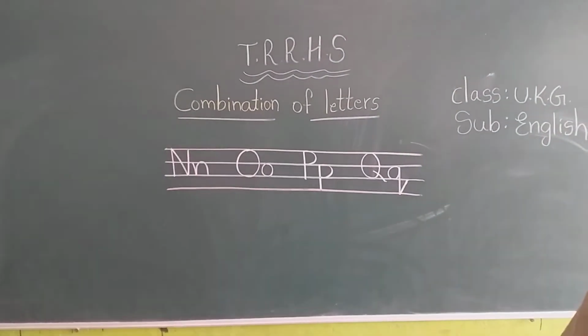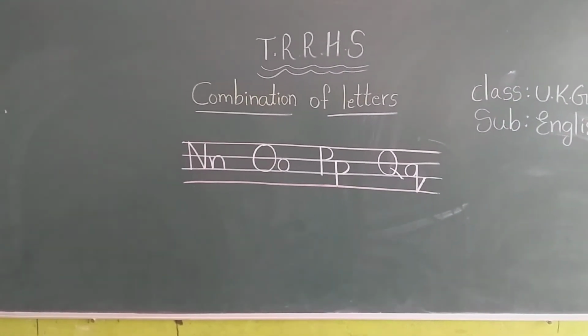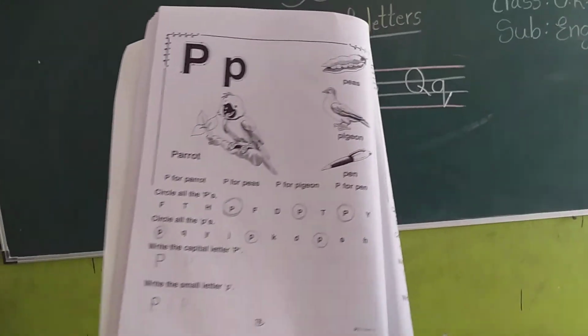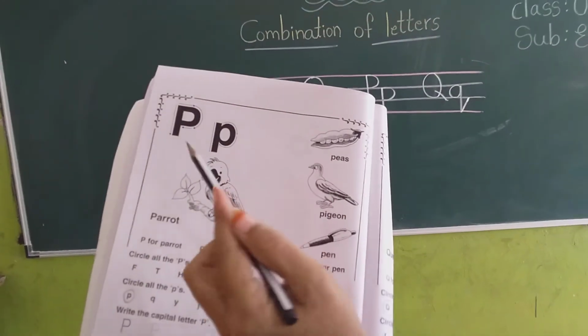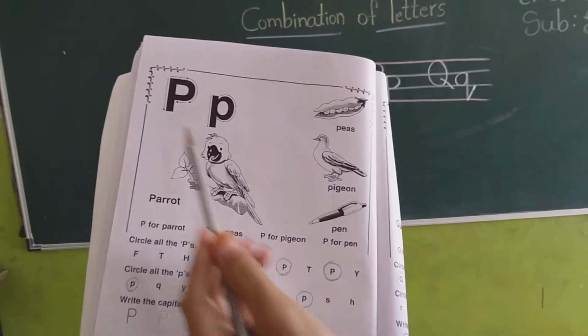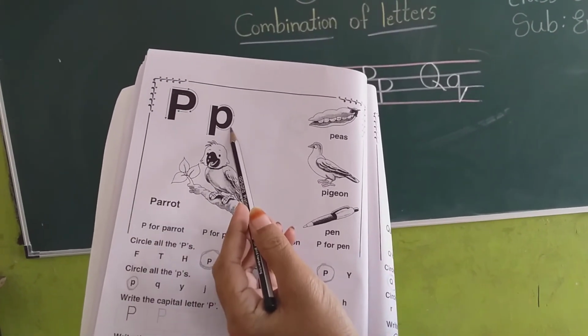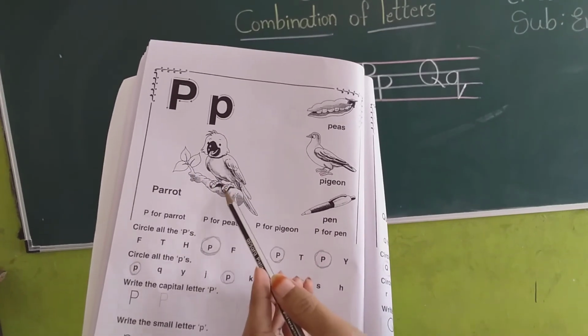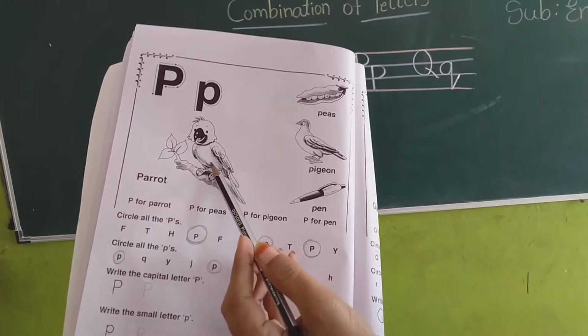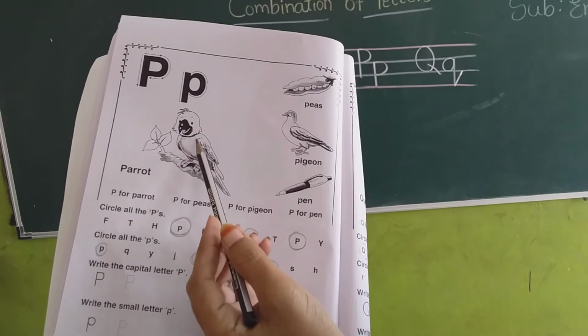Page number 46, children. Now look at here. Which picture is this? Which letter is this? P. Capital P. Small p. Now which picture is this? Parrot. P for parrot.